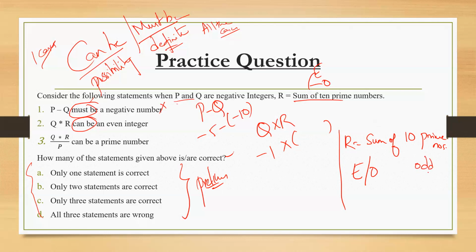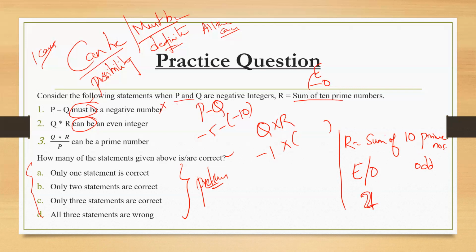Is there a possibility that the sum of 10 prime numbers can be odd? Yes, that can also happen. Okay. Now one more. Acha, is one a prime number or not? One is not a prime number. Okay, it starts with 2.